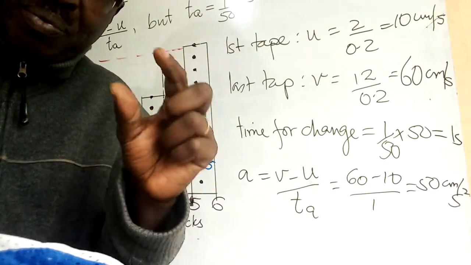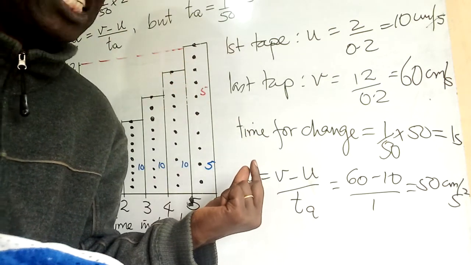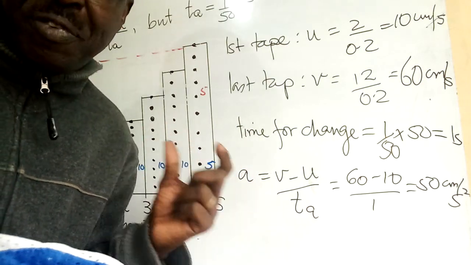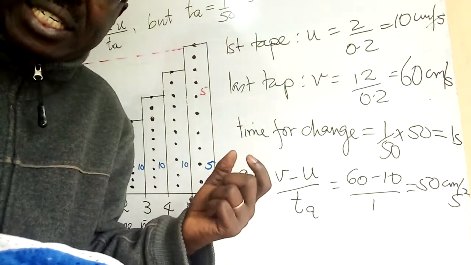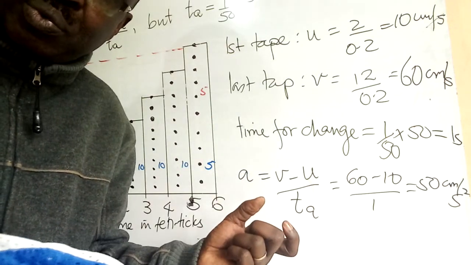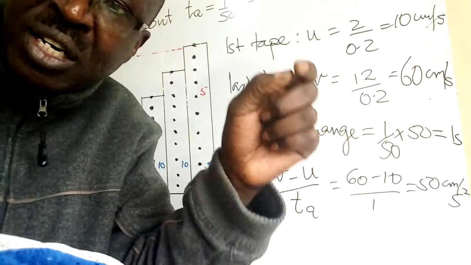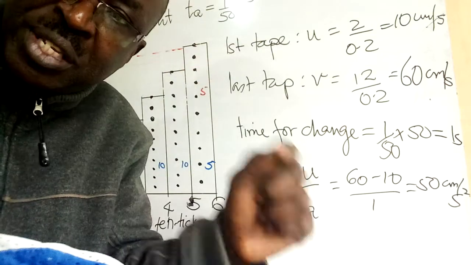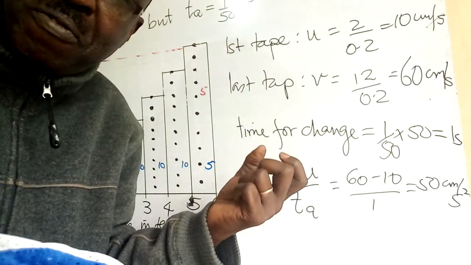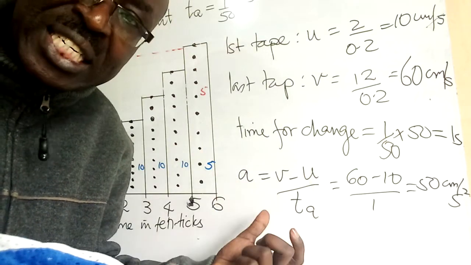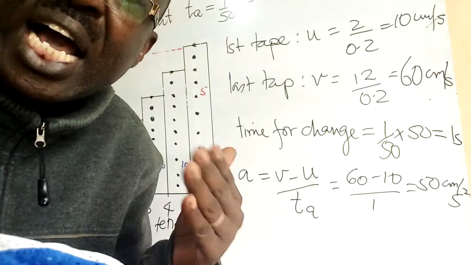If it is speed, it is that figure, the difference between 60 and 10. If I ask you for change in velocity, you will give me 60 minus 10, which is 50, but you will add the words in a specific direction. That change from 10 to 60 was in a specific direction.